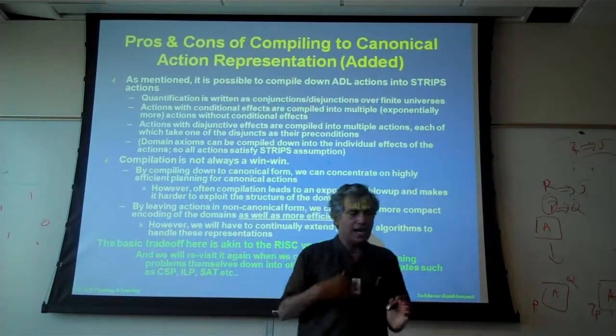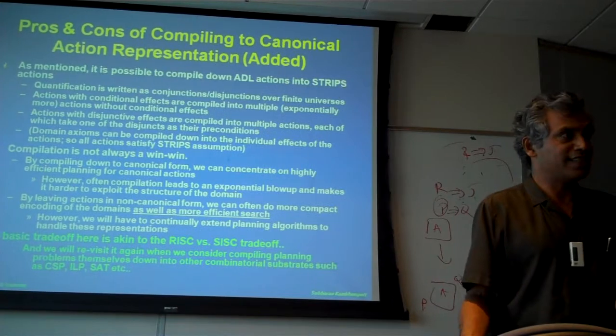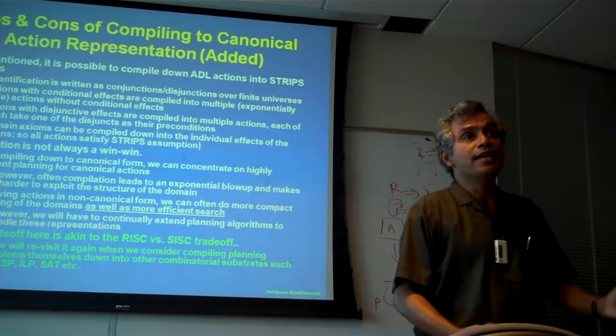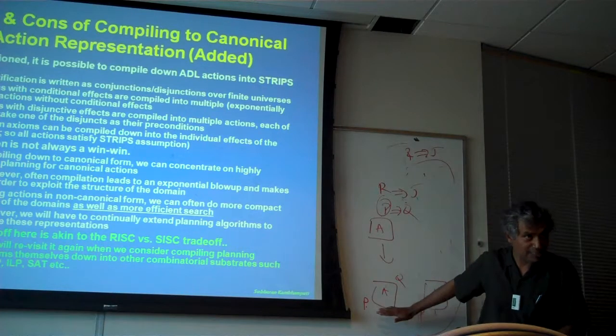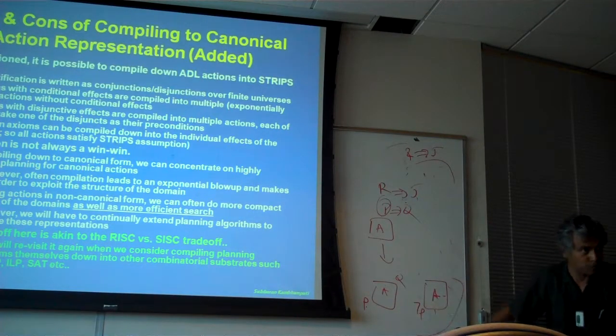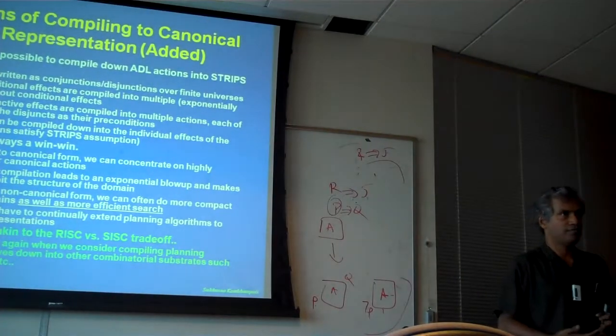you can easily argue that in general compilation can have actually negative problems, because in some sense the compilation of conditional effects into strips is not that much different from compilation of strips to atomic models. It has some of the same problems.